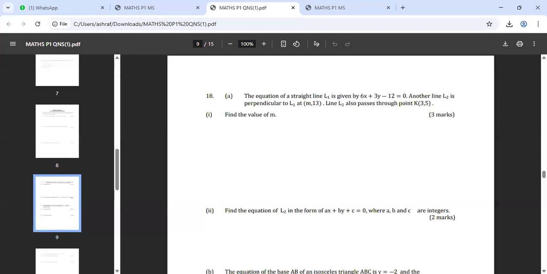Good. So let's try it out. Find the gradient of L2 from L1.